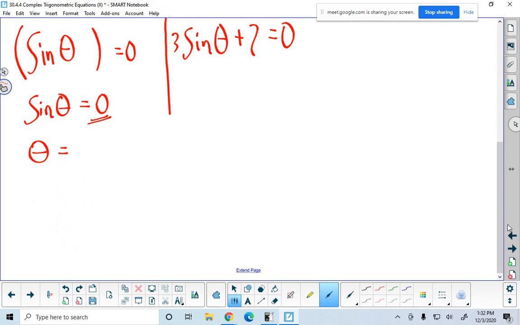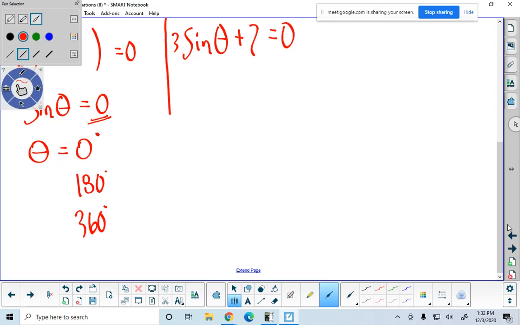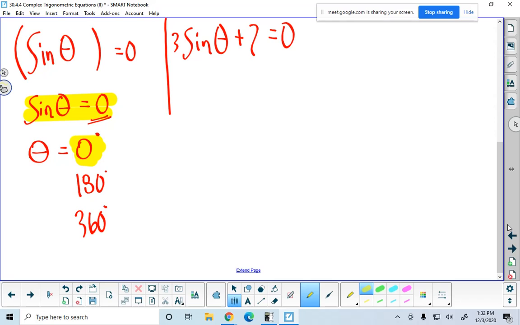So the first thing I want to ask you is, does 0 degrees make this statement true? And the answer is yes. The sine of 0 gives you 0. Is 180 degrees an angle that makes this statement true?